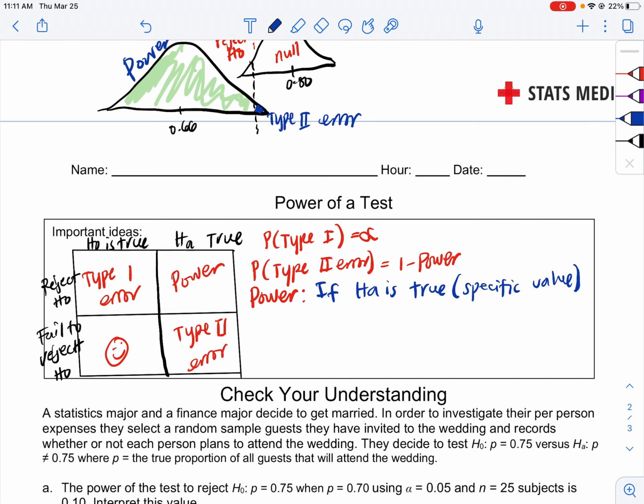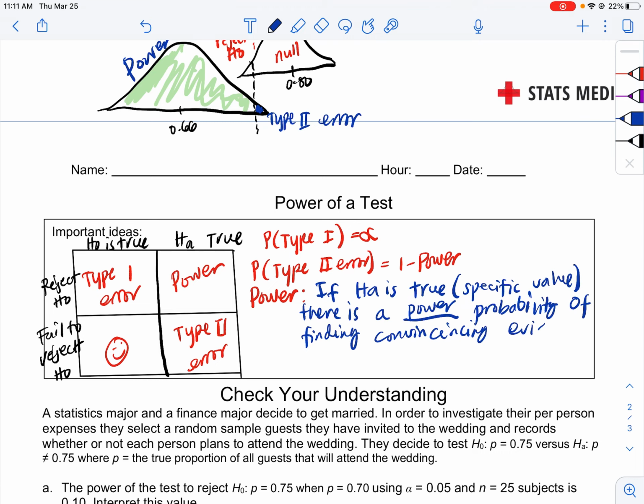So if HA is true, there is a, whatever your power is, probability of finding convincing evidence to reject a null, whatever the null is in context.